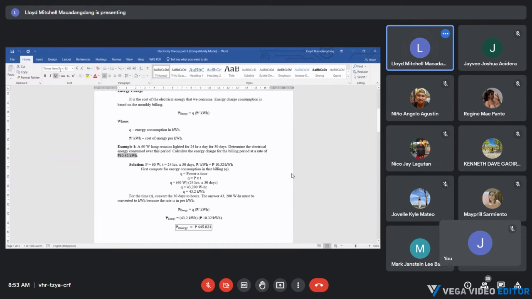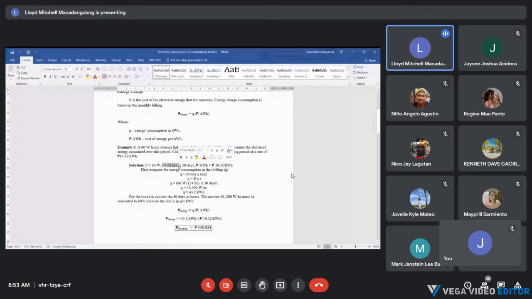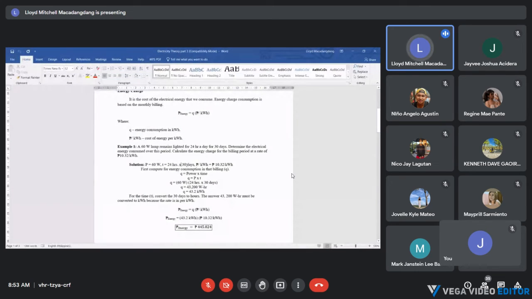The solution: given, power consumed is 60 watts, a time of 24 hours per day, times 30 days. The rate is 10.32 per kilowatt hour.